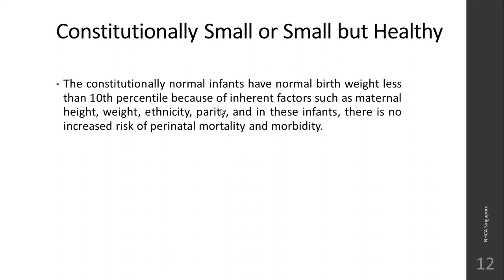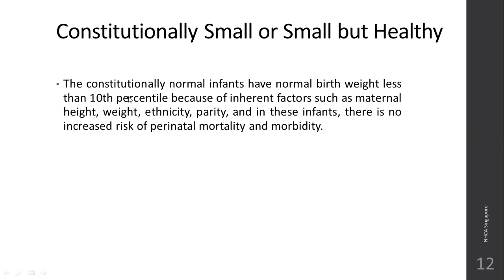Constitutionally small or small but healthy baby. Normal infants have normal birth weight, and the constitutionally small infants will also have normal birth weight, but it is less than the 10th percentile because of some factors like the mother's height was less, mother's weight was less. If the ethnicity is like pygmies, they come from an ethnicity which does not have huge babies.